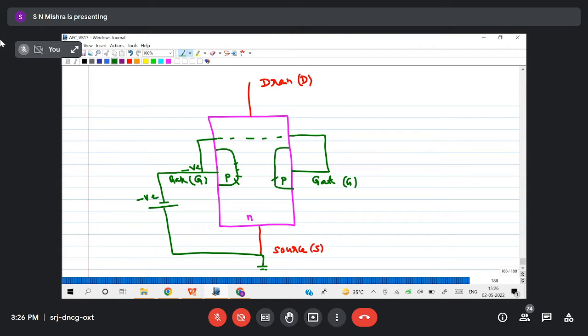This is negative. Now N is connected to 0 because it is open circuited. So if I take a PN junction diode like this, P is connected to negative voltage, and N is connected to 0 volt. Is it like the structure or not? Yes, sir. Is this junction reverse biased or forward biased? Reverse bias. Reverse bias means some depletion region will be there. So let us show that depletion region like this.